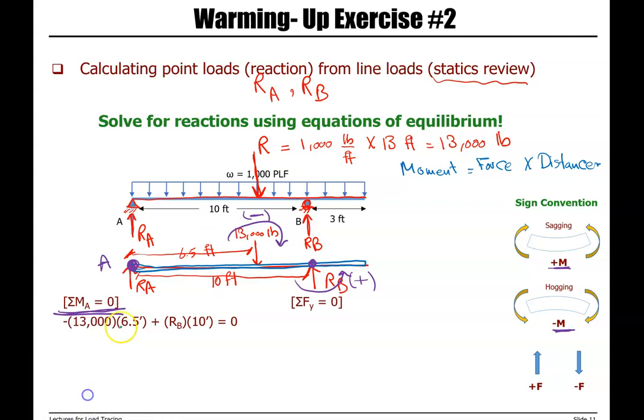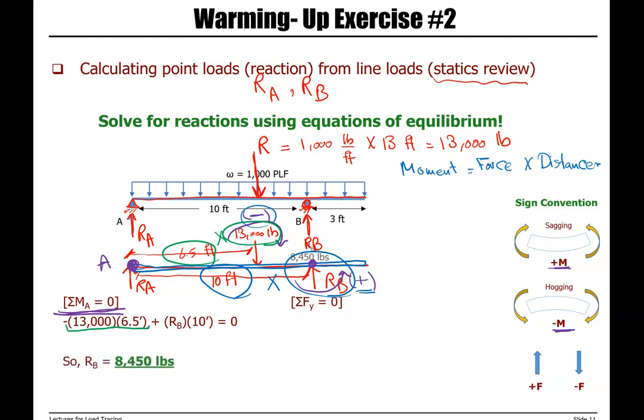13,000 times distance with a negative sign. 13,000 times the distance of load 13,000 from point A. And then we have reaction at point B times distance of reaction at point B from point A. And as I said, we use a positive sign for sagging and a negative sign for hogging.